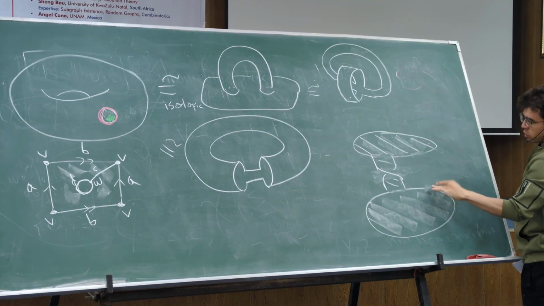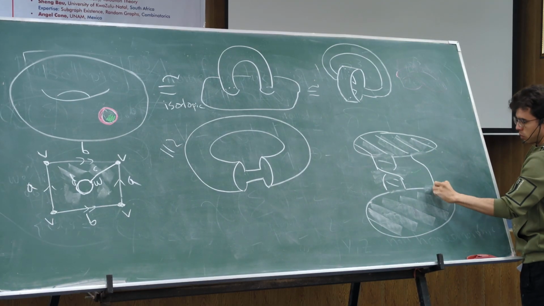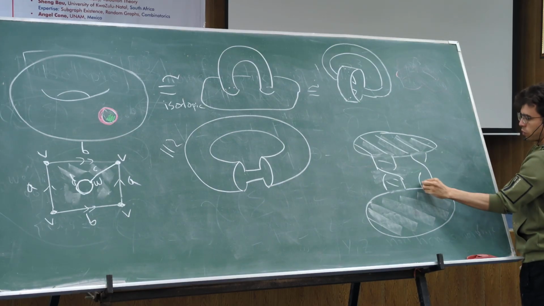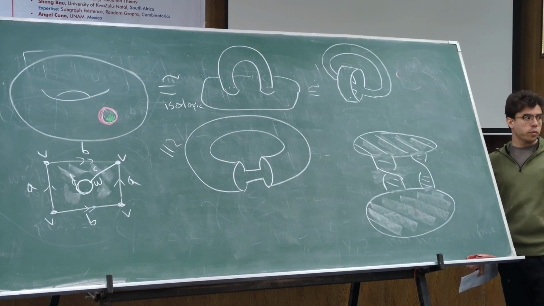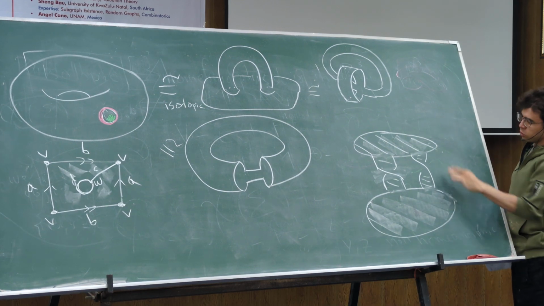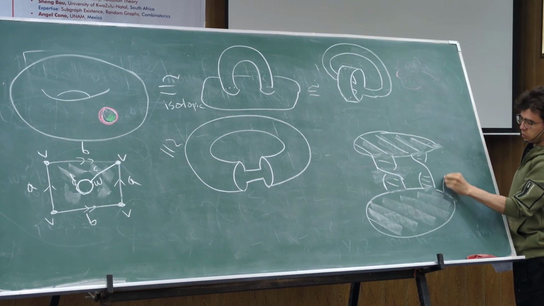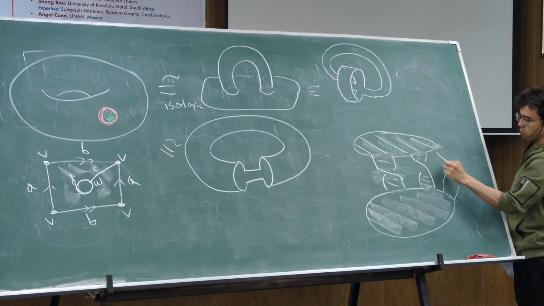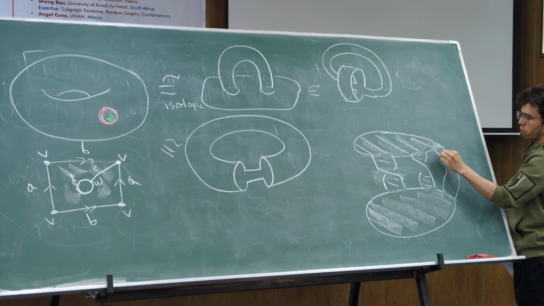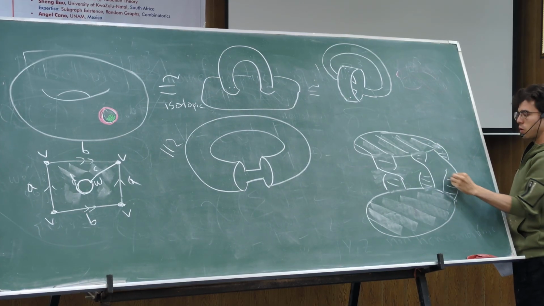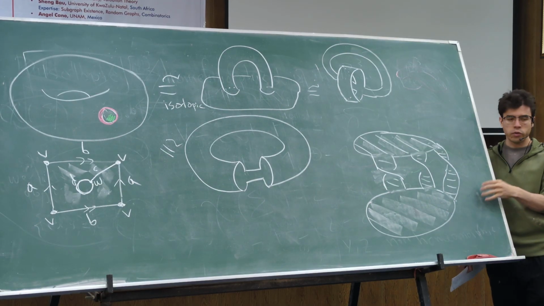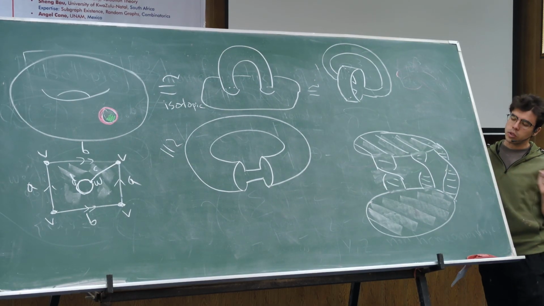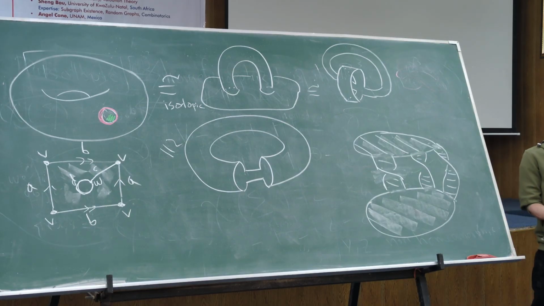And I will do another one here. Now it's not a disk anymore. And I will do another one. So this is a surface. How many boundary components are there?